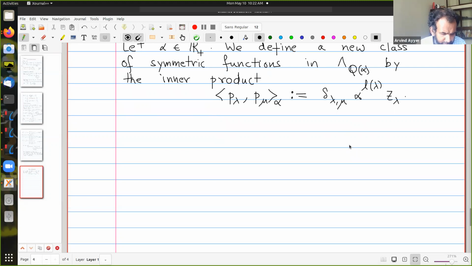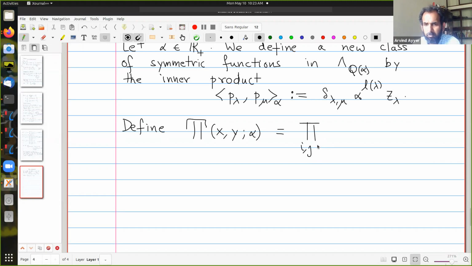And just as we did in the Hall-Littlewood case, we define a double infinite product in x, y, alpha, the product over i, j greater than or equal to 1 of 1 over (1 minus x_i y_j) to the 1 over alpha.